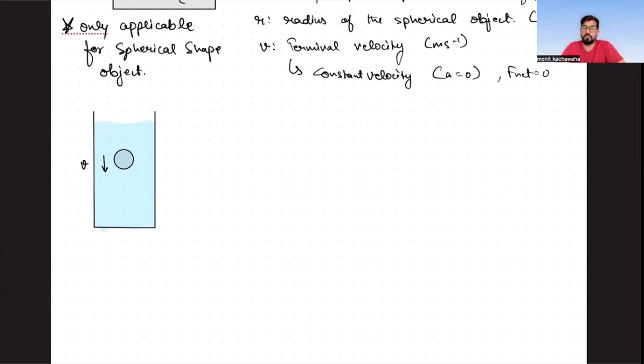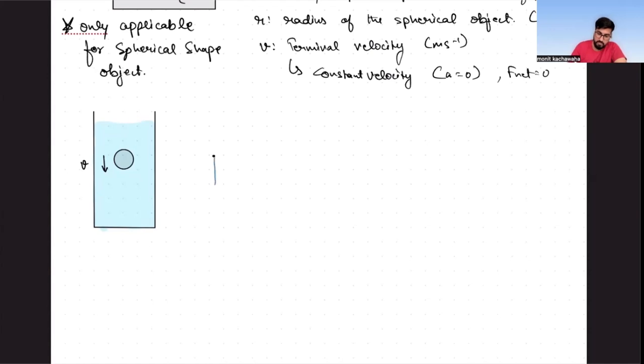So if I ask you to draw the free body diagram, assuming it is lowering down with terminal velocity v, what would be its free body diagram first of all? And then we will find out the terminal velocity v in terms of the given variables. To draw the free body diagram, I can simply say that let me draw a simple point.